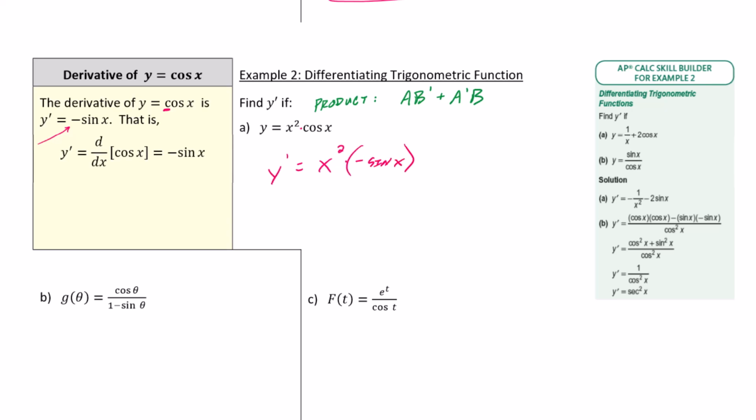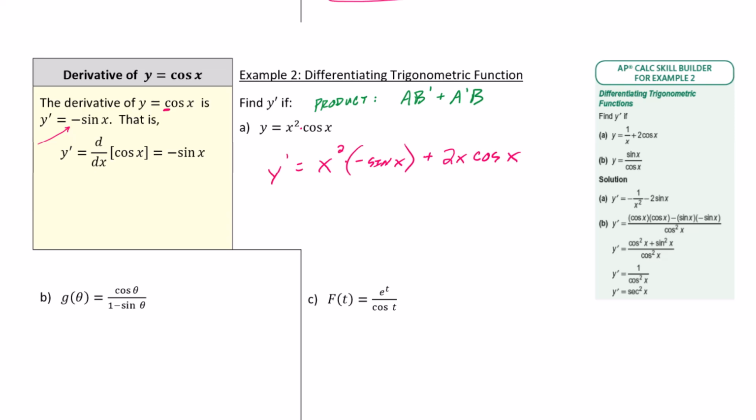So I might want to rearrange this so that negative sign gets protected a little bit, or I don't accidentally forget about it. Plus, then it's going to be the derivative of the a, so that would be derivative of x squared is 2x times, and then I keep b alone, or don't mess with it, so it's a cosine of x.